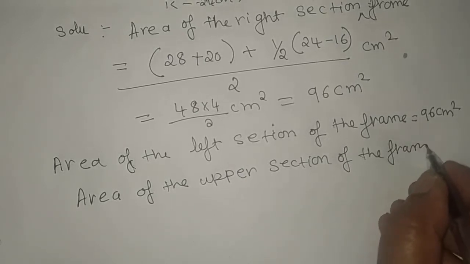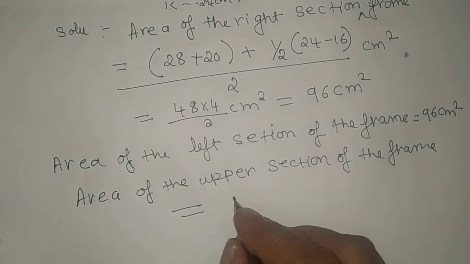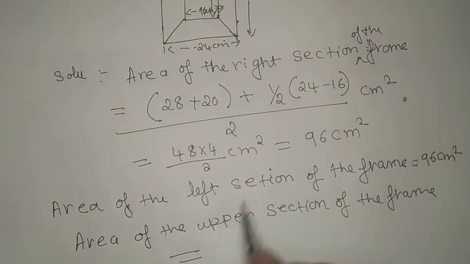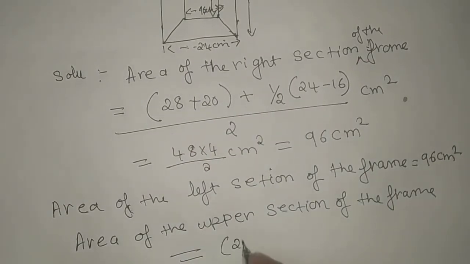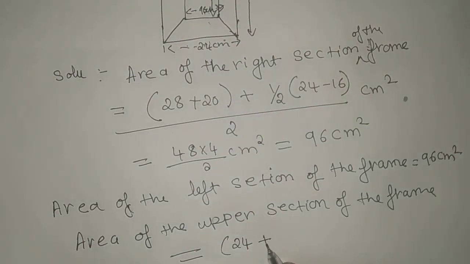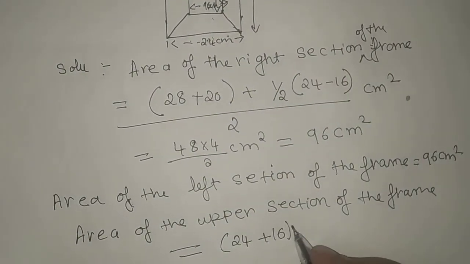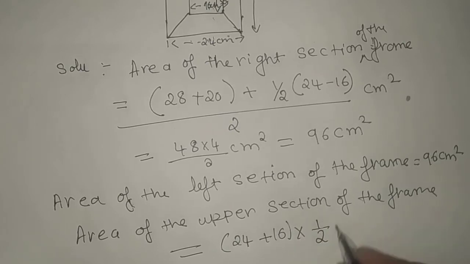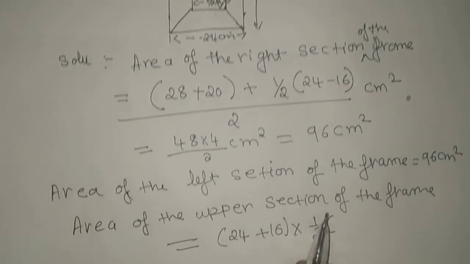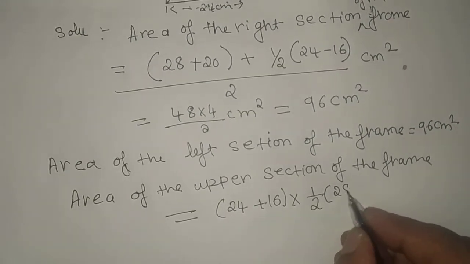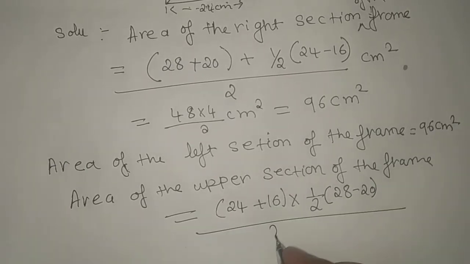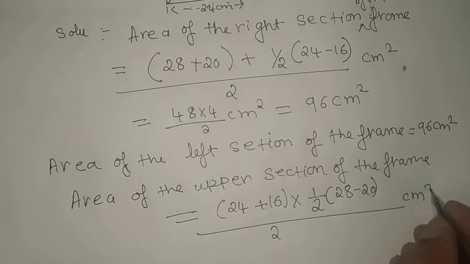Upper section of the frame is equal to 24 plus 16, into 28 minus 20, all divided by 2 centimeters square.